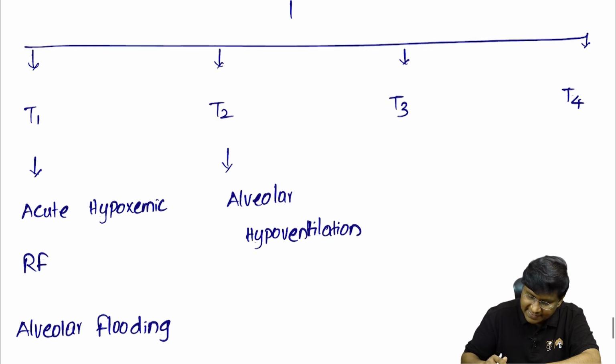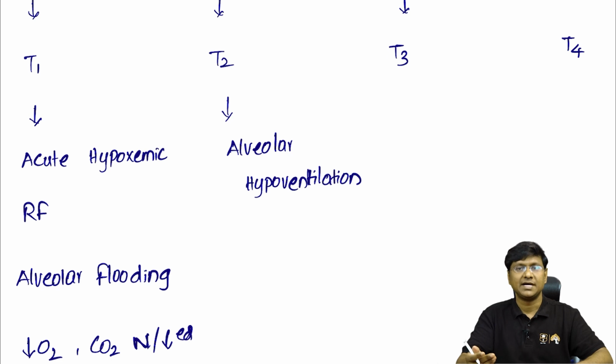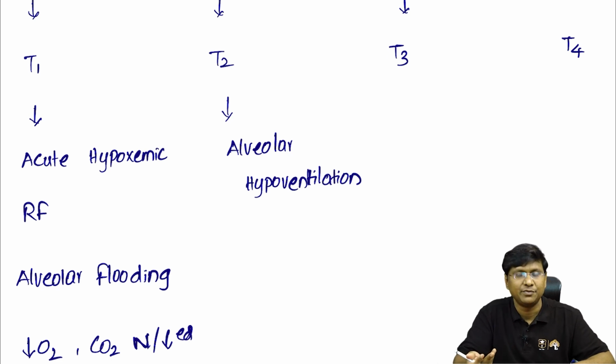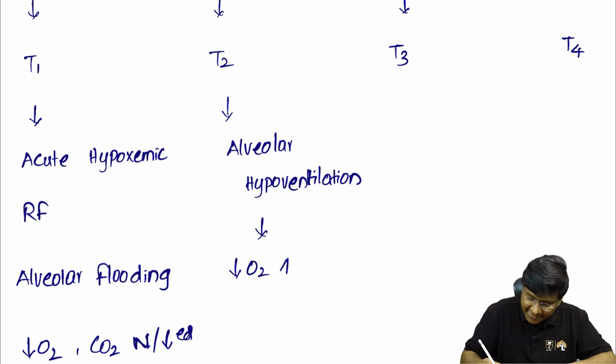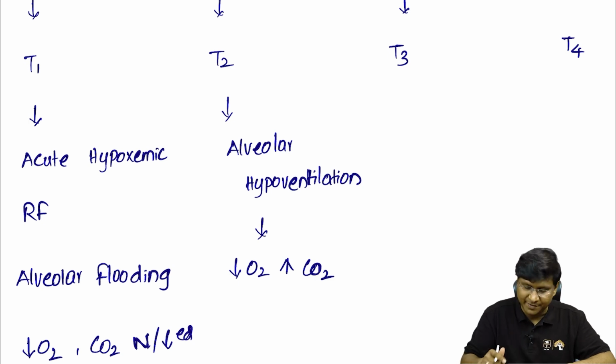This type 2 respiratory failure, resulting from alveolar hypoventilation, results in inability to eliminate the carbon dioxide effectively. So these patients will have hypoxia as well as hypercapnia. That is what you will observe in case of type 2 respiratory failure.